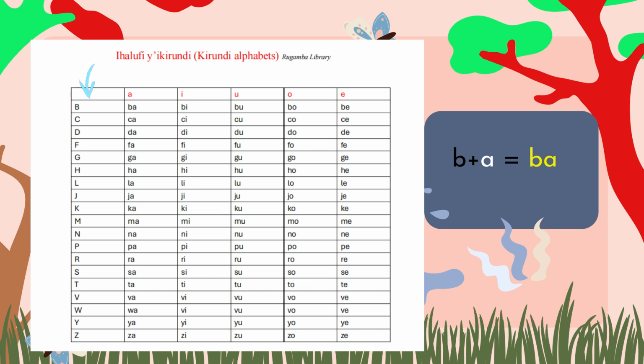We have be, che, de, fe, ge, he, le, je, ke, me, ne, pe, re, se, te, fe, we, ye, te. So how do we connect them?